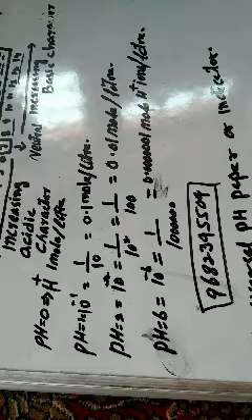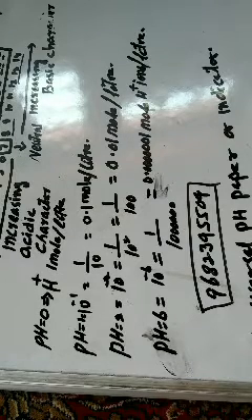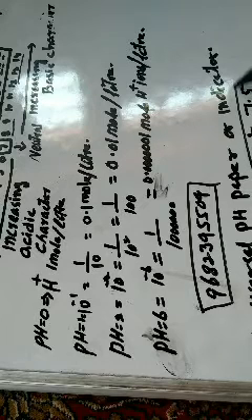pH has a great value in our body. Our blood has pH 7.3 to 7.5. This is the normal range of the pH of blood. The pH of our saliva is 6.5 to 7.5.